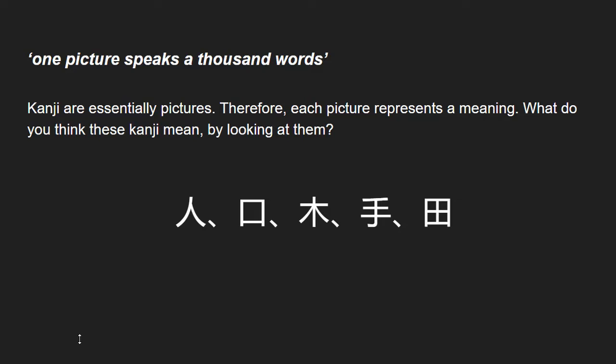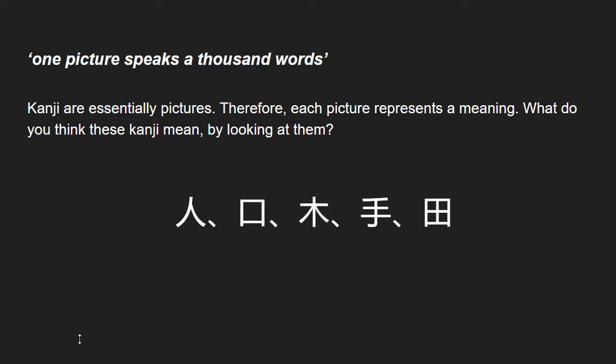Now, when I explain it, it'll make sense. You can see with this one, person, because it's just 2 legs, it's a person walking. Mouth: the mouth opens when you're speaking, so it's literally in the shape of a mouth.